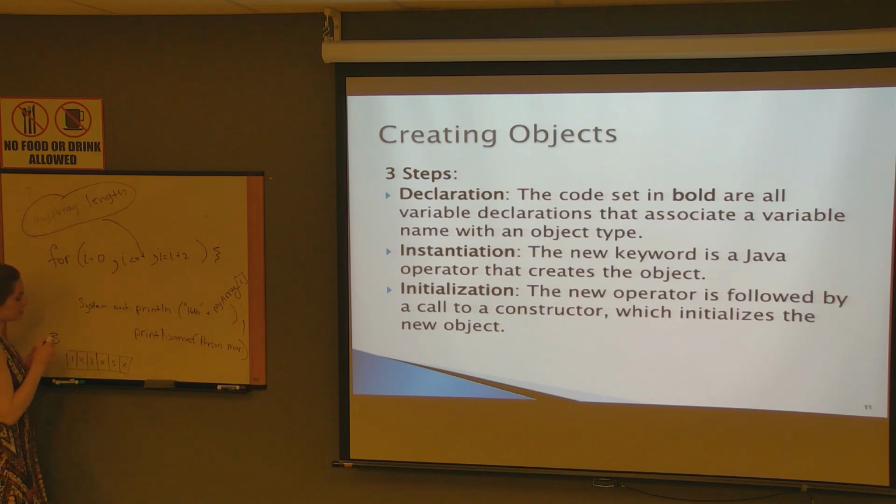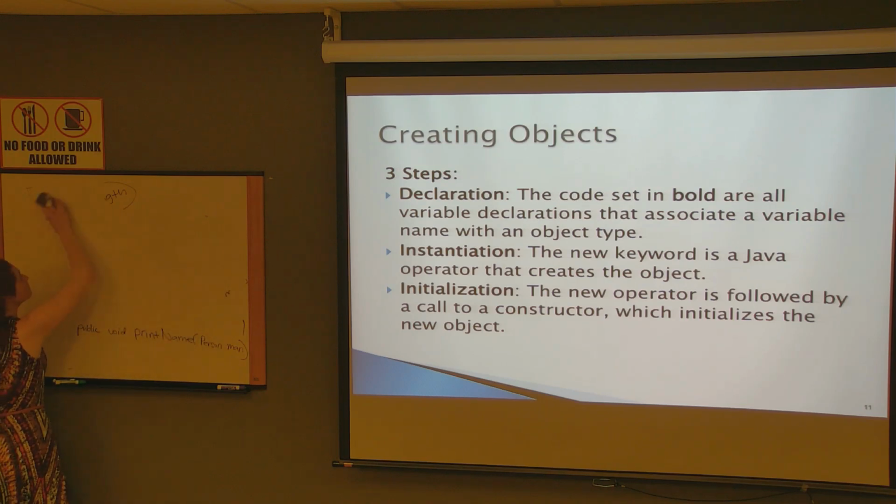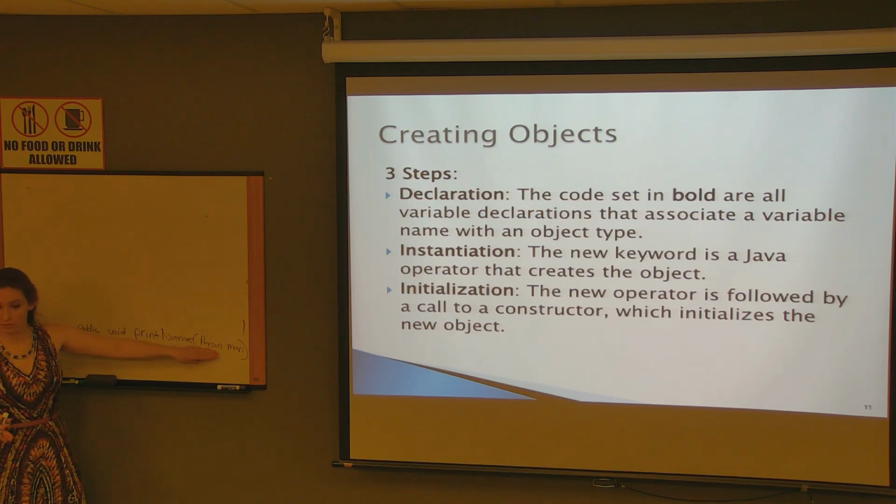If I call this function, by the way, it's going to be something like public void. So we have this function. It's public, means you can call it. Void means it doesn't return anything. It's called print name, and it takes a parameter, person.